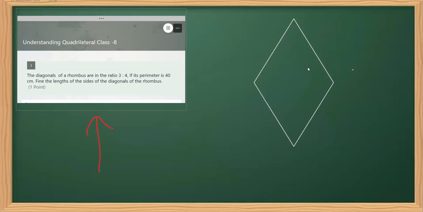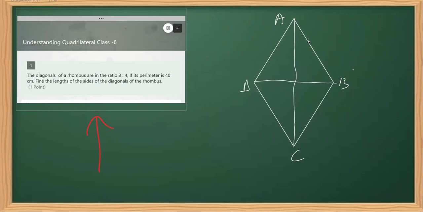And I'm also joining its diagonals. First, name it A, B, C, D, and the diagonals are obtained by joining AC and BD. What it says further is that they are in the ratio.